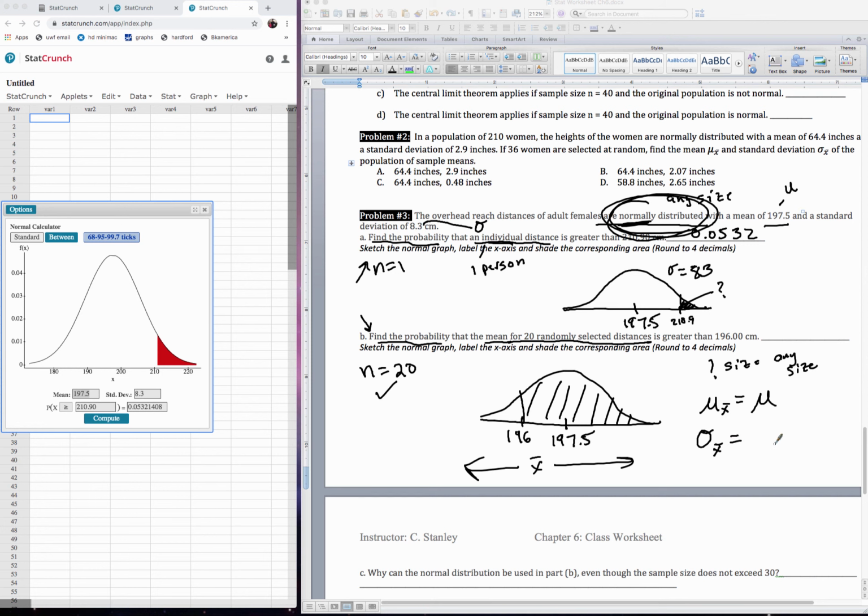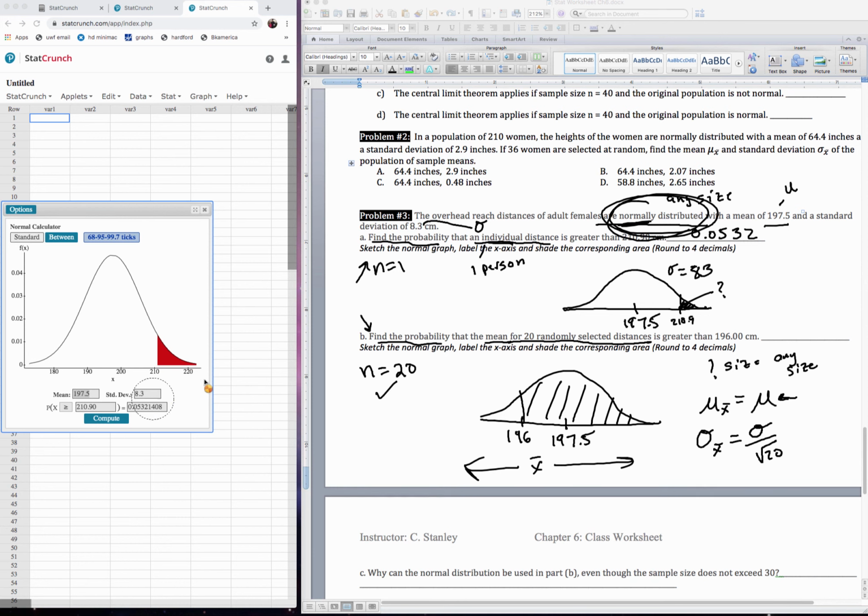Standard deviation of x bars, standard deviation spread. You're going to have less spread in x bars because you're taking samples, and samples are closer to the truth. So if every sample is closer to the truth, then you're going to have less spread around the truth. This is the truth. So it's going to be sigma, which is the original standard deviation, divided by how many people you picked.